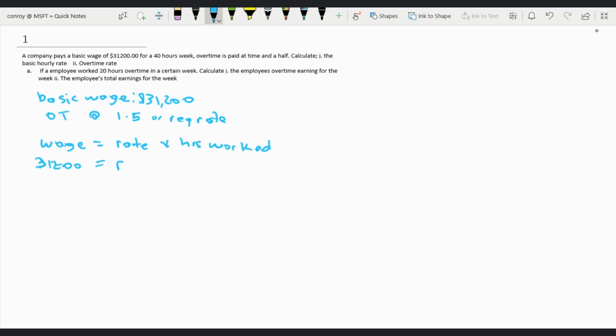If you don't know the rate, you can use R, times 40. Oh man, 40, not 400. If anyone would work 400 hours. In order for us to find the rate, and we see that the rate is being multiplied by the number of hours, we need to do the opposite, which is to divide both sides by 40.